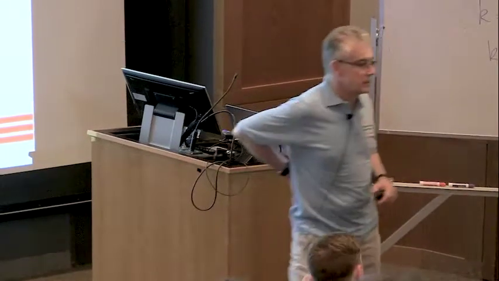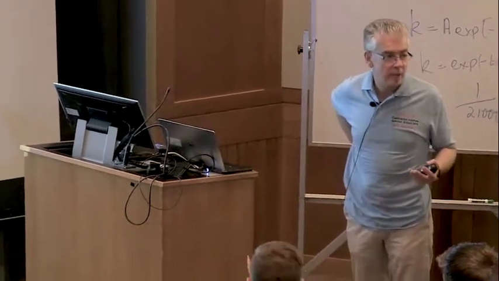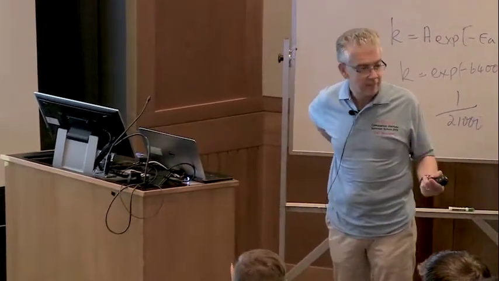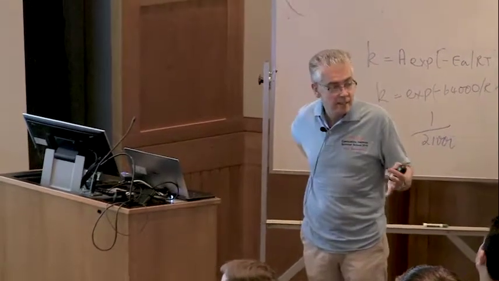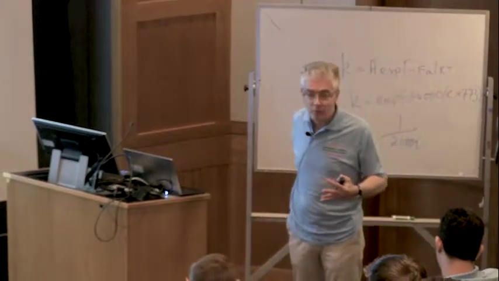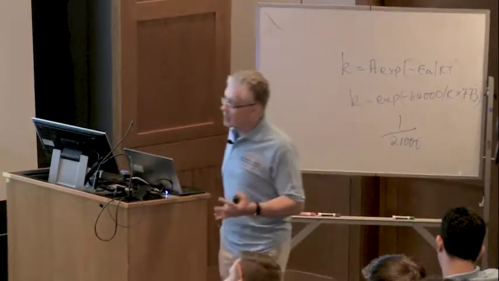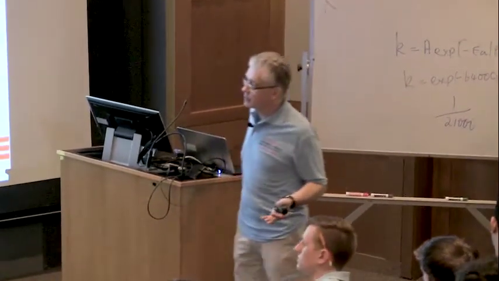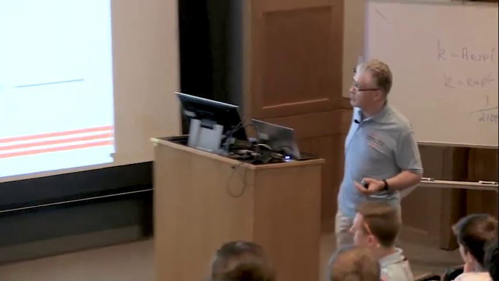Say you do it at 1773. Okay, 1,000 Kelvin higher. The effect of that energy barrier will be a lot less because it's exponentially dependent on the activation energy as a function of temperature. Okay, so it'll be a lot less at a higher temperature. So just calculate that, you'd be surprised.